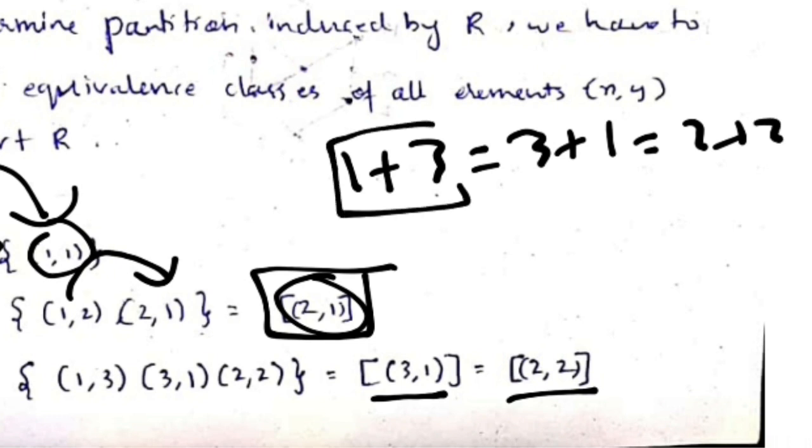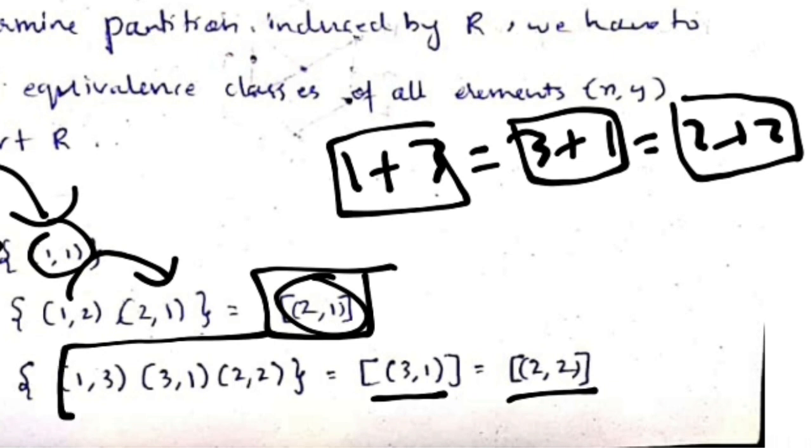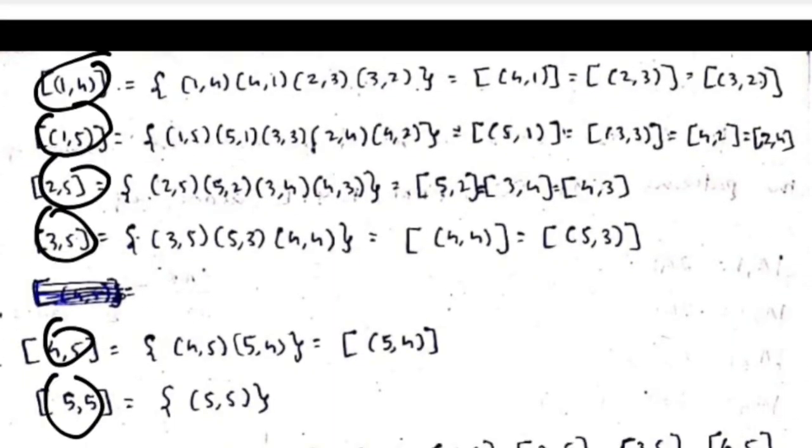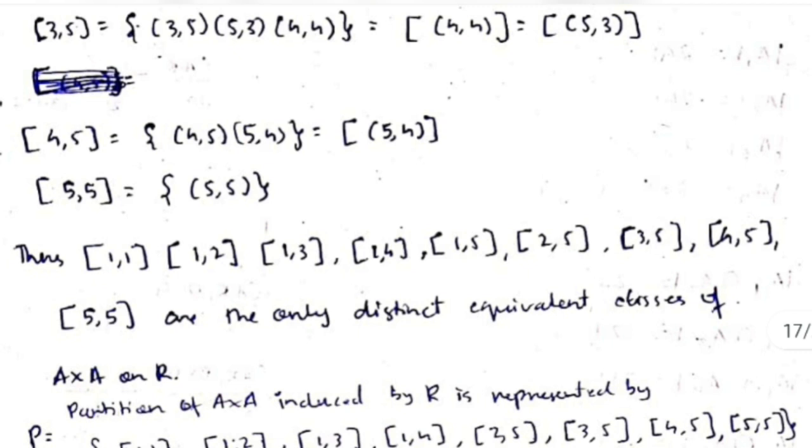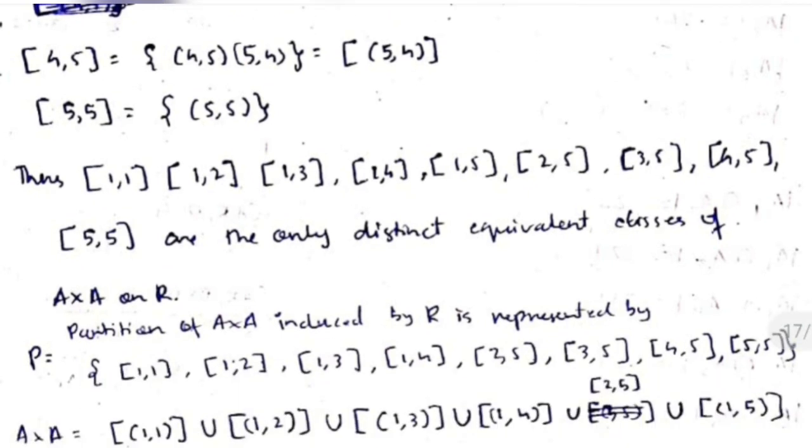So the equivalence classes for all of these will be the same thing, and the set will have these three elements in it. Similarly we have it for the other elements also. After that what we have to do, we have to consider those equivalence classes which have distinct elements.